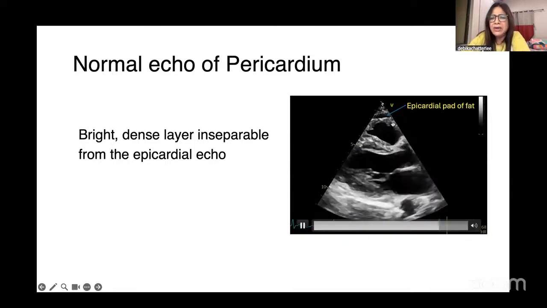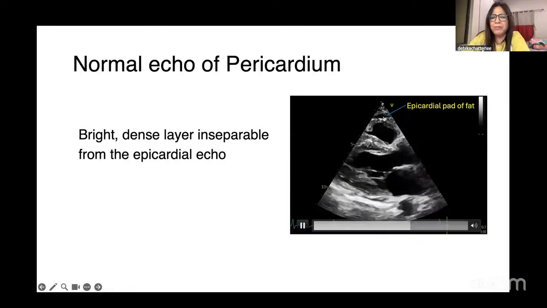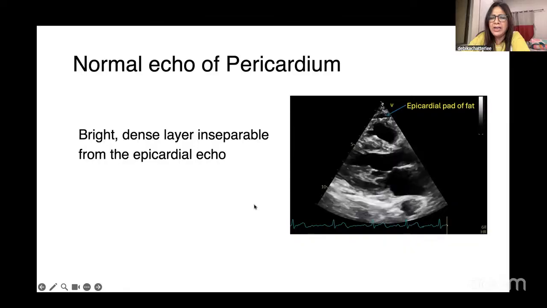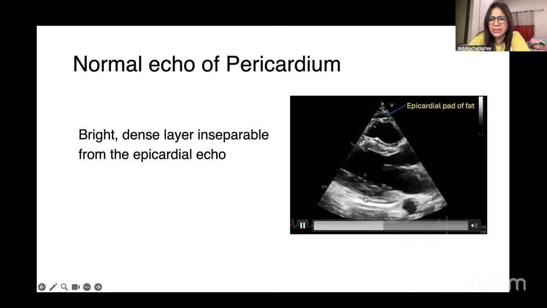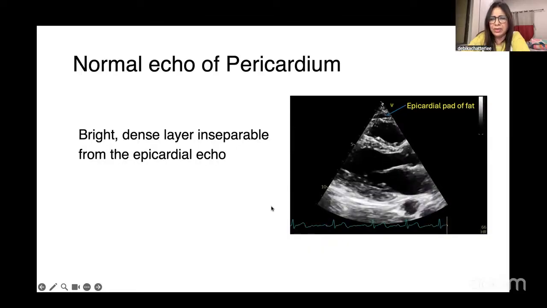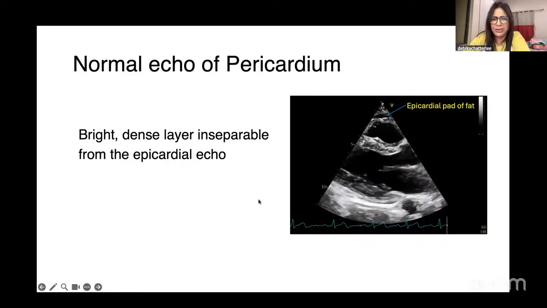We can see the epicardial pad of fat, and this bright, dense layer inseparable from the epicardial fat is the pericardium; we hardly look at it. See, this is the normal pericardium, having a very small chink of pericardial effusion on the posterior aspect near the groove, which is a normal finding.